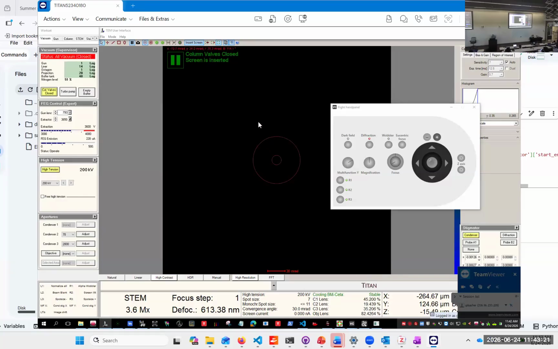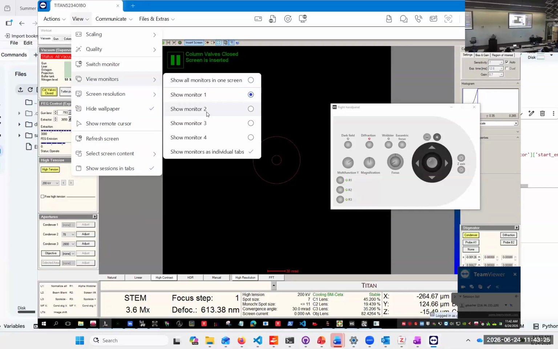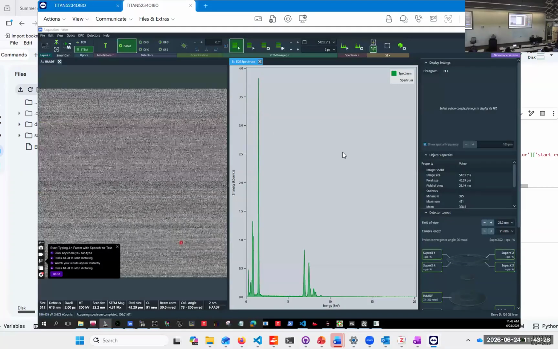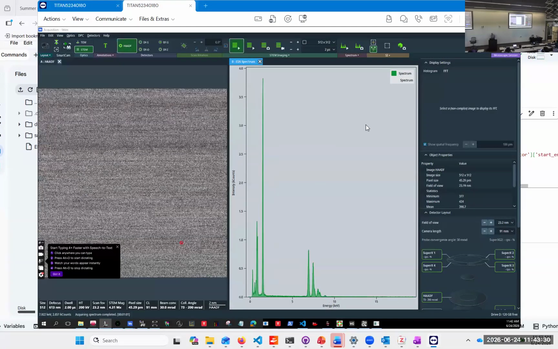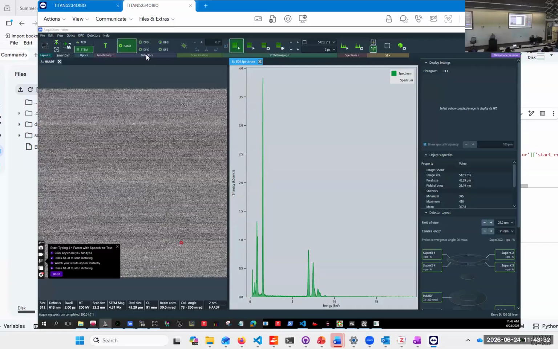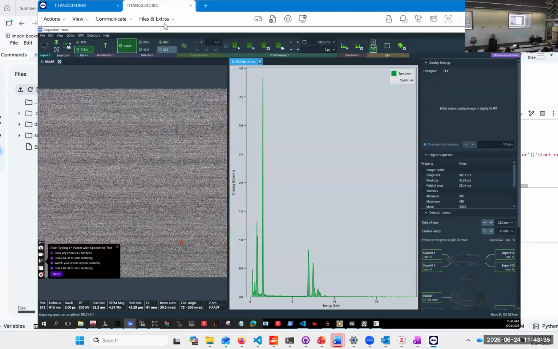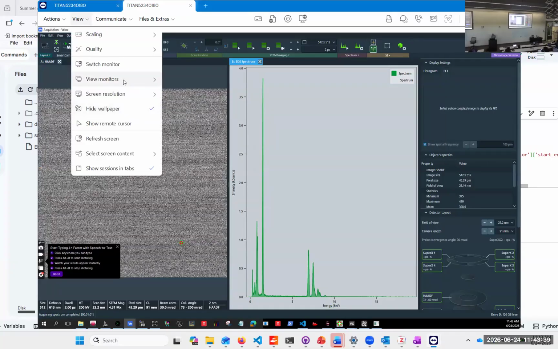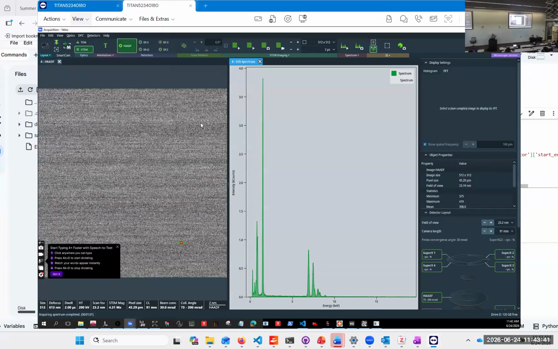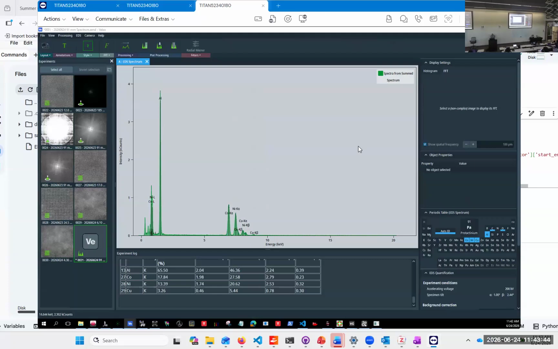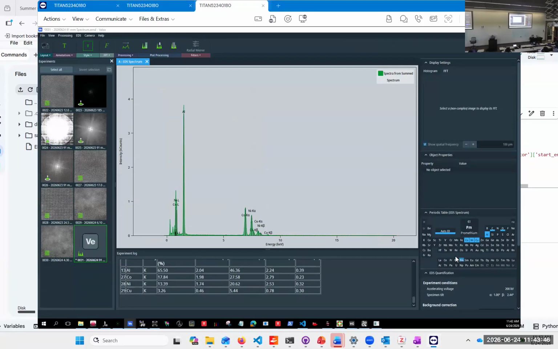Let's look at this monitor too. It's this software here. Now, actually, we have to do in the analysis. We stop this. We have to view monitor 3, I guess. Okay. And I have this in my way. Okay.